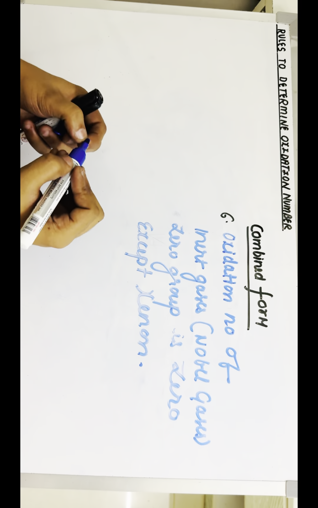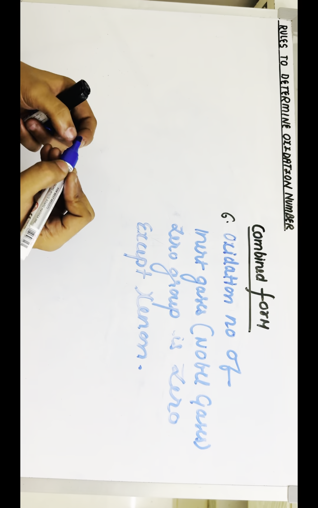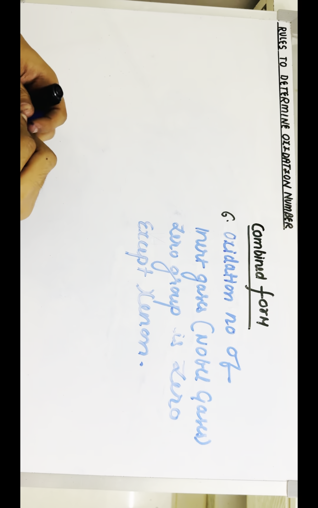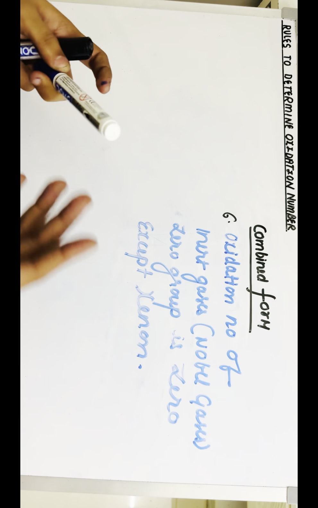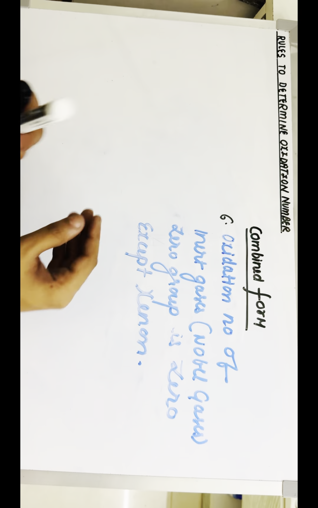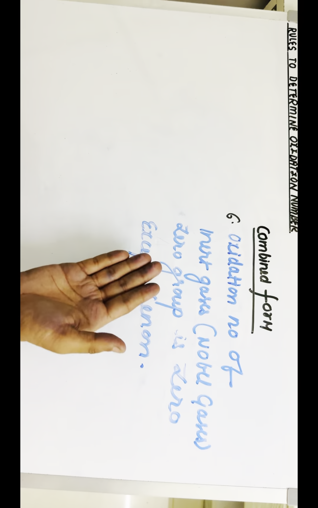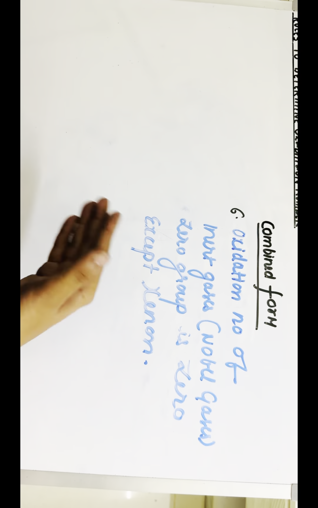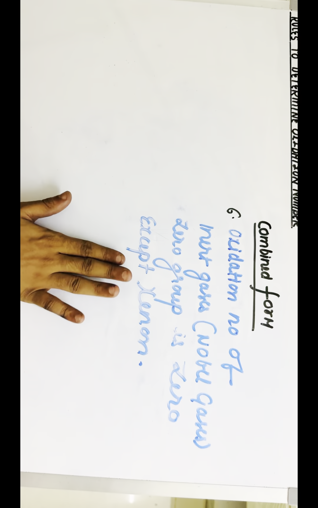See, you just have to keep these rules in your mind, and then you will be able to solve the question. So the sixth rule is: oxidation number of inert gases or noble gases or zero group is always 0 except xenon.